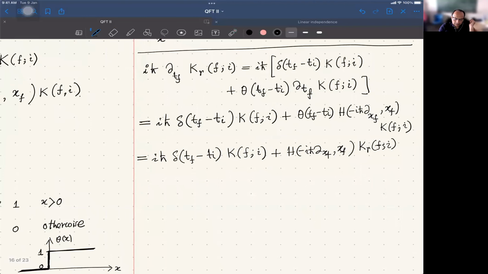So basically, with respect to the previous result, when we had taken the original propagator, this result has the same term on the right-hand side, but there is an extra term here.